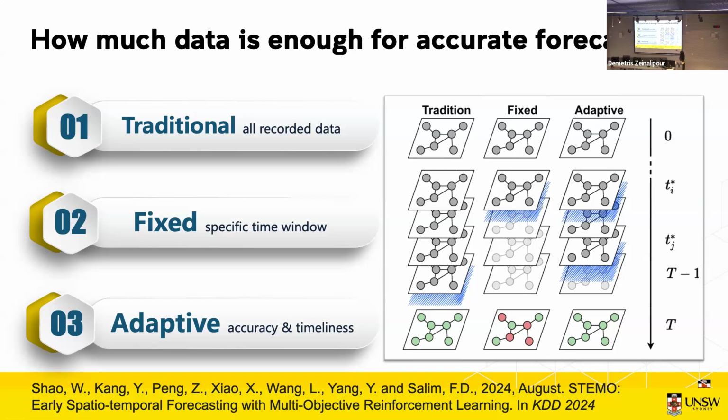What we introduced here, this is a KDD paper last year, we introduced a multi-objective RL to adapt the goal for when to start learning. Do we need to start predicting now, or do we have less data? That means accuracy will be lower, but there's a trade-off. We can actually be more timely in our prediction.